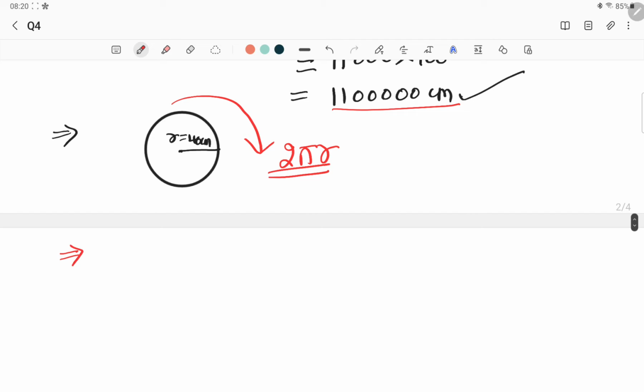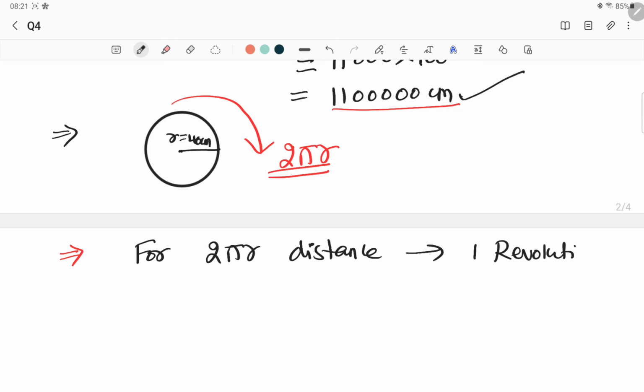All right. How can you approach? For 2 pi r distance, how many revolutions? One revolution. Correct. Now you know this crisscross method, no? For 2 pi r distance, one revolution.